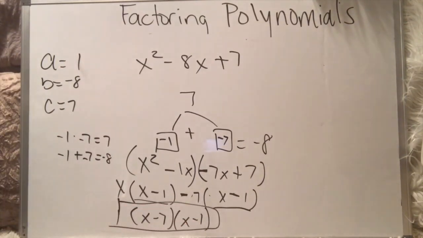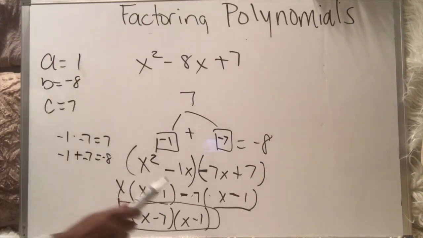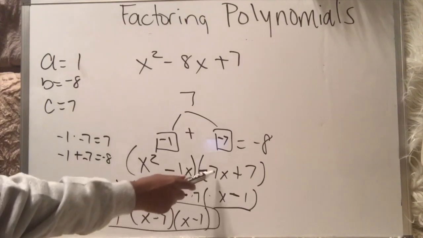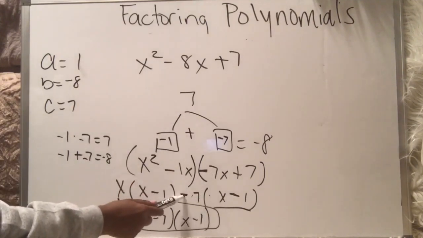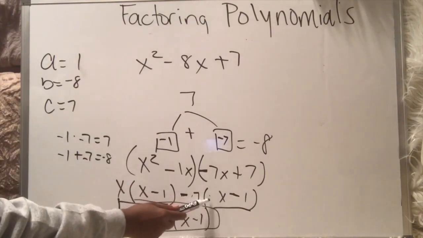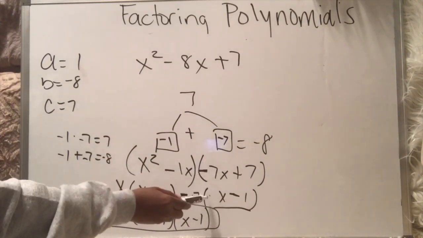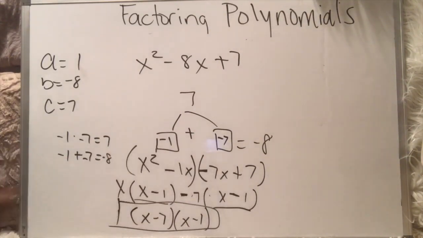Like I said, if that confused you, you took out a negative 7. And when you took out that negative sign with it, you have to change all of the signs that are in the parentheses that you're leaving, because you took out the negative. And if you distribute that negative back, then that will change back to positive. So that is your answer.